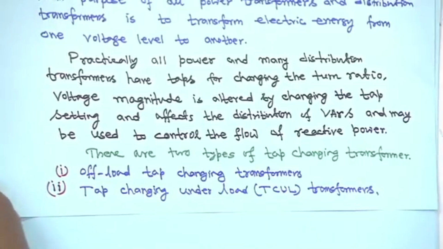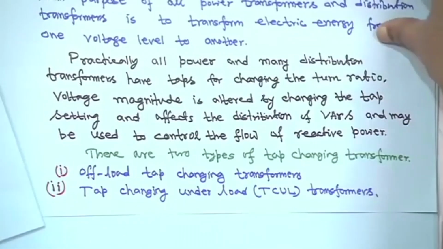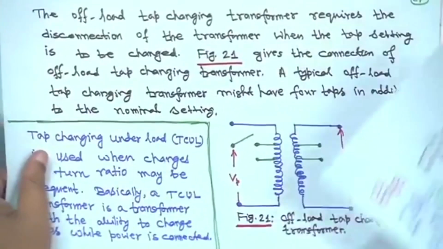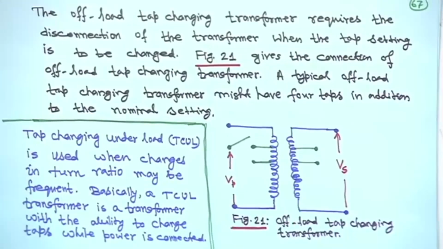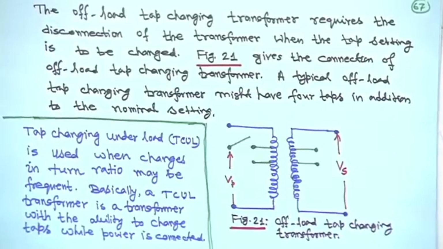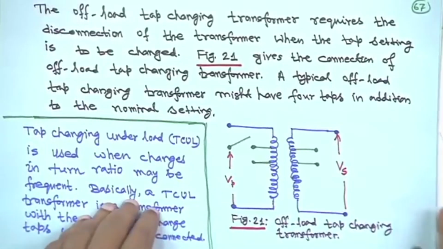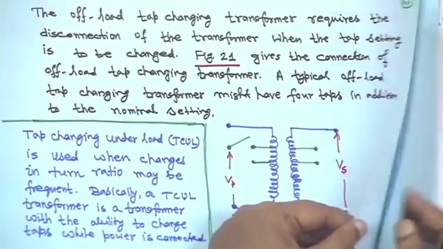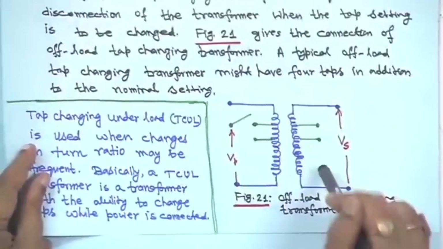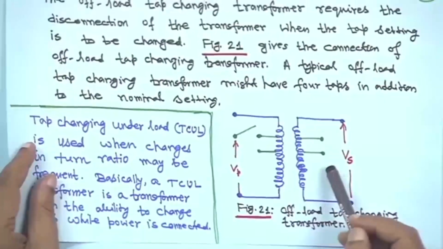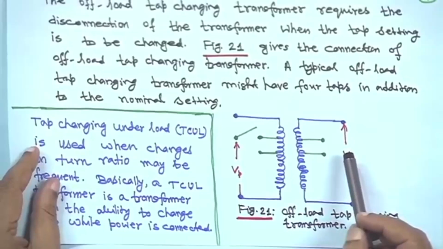Now some schematic diagrams. The offload tap changing transformer requires disconnection of the transformer from the supply when the tap setting is to be changed. This is figure 21, which gives the connection of the tap changing transformer.